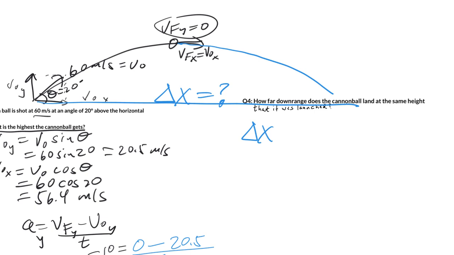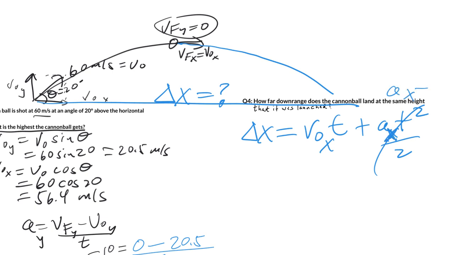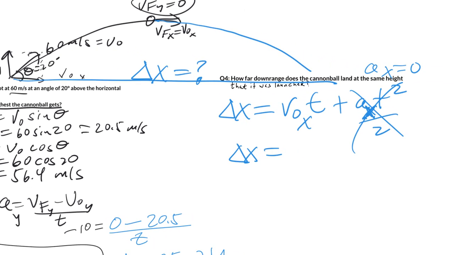I use the same equation, VOT plus AT squared over 2. I'm using x values, and AX is 0, so it cancels this whole term out. So delta x equals VOX, which is 56.4 times the time, which I already found, 2.1.